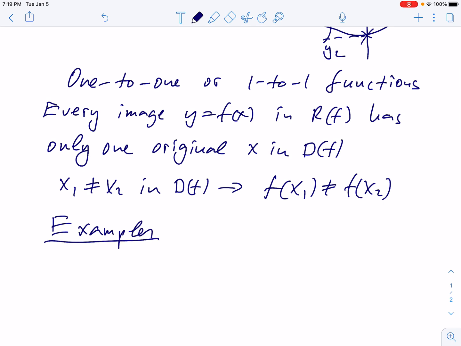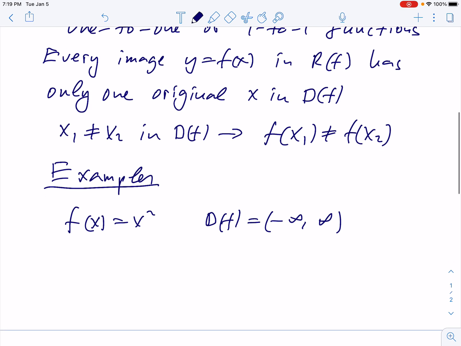If you take the function f(x) equals x squared, the natural domain for this function is the entire number line, from minus to plus infinity. For every such x, we can define x squared. This function is not one-to-one. Let's look at the graph of the function. It will be like that, a parabola.